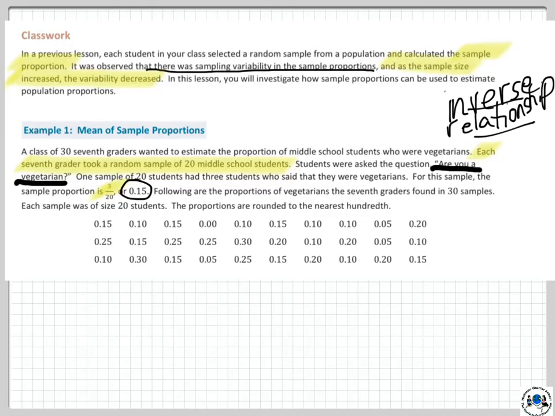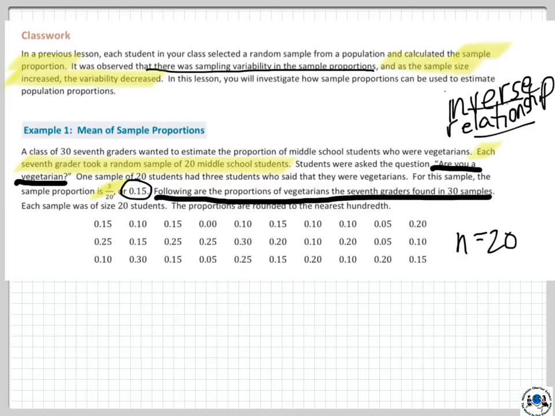or 0.15. Now, following are the proportions of vegetarians the 7th graders found in their 30 samples. Each of them sampled 20 middle school students, so we know n equals 20.